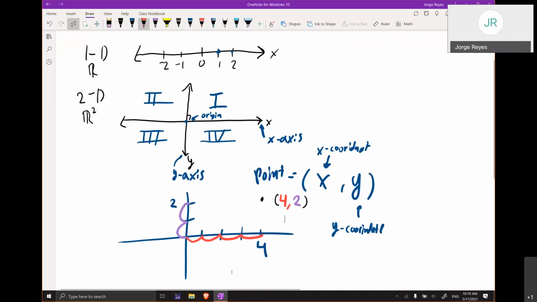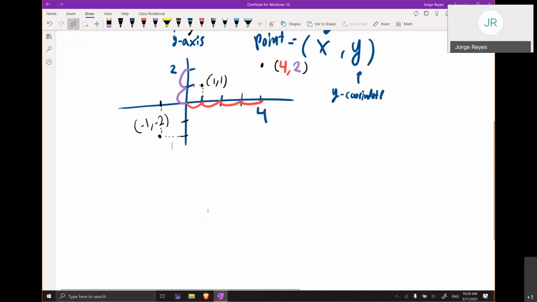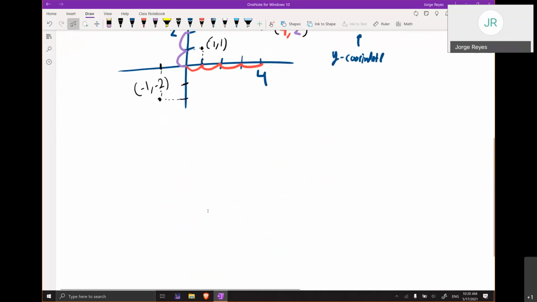We can also have the point, like 1, 1, or -1, -2. So you should be somewhat comfortable with just putting points on a graph. Not too difficult. And now I'm going to introduce some formulas. So these are favorite questions to put on final exams.